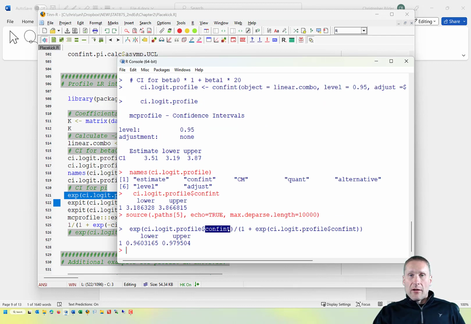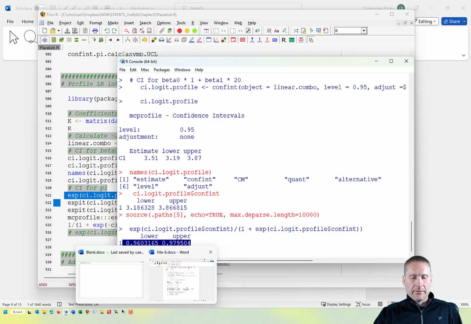That has two elements to it, and R correctly applies this transformation to both elements simultaneously, so that now my confidence interval for pi itself, 95% confidence interval, is 0.96 to about 0.98. That's how I can use mcprofile to do these computations.